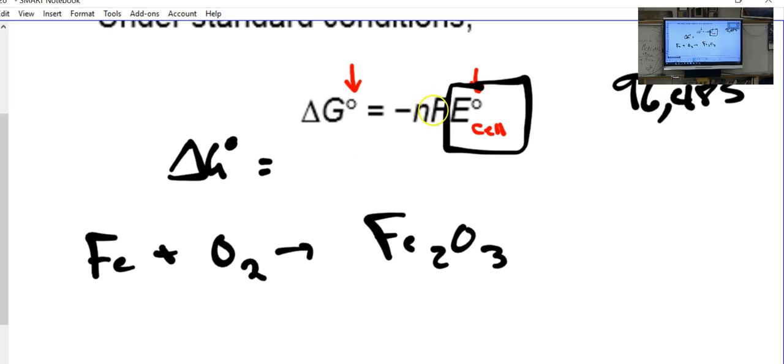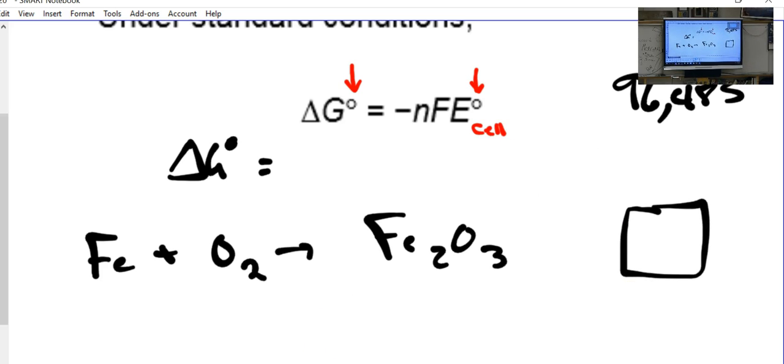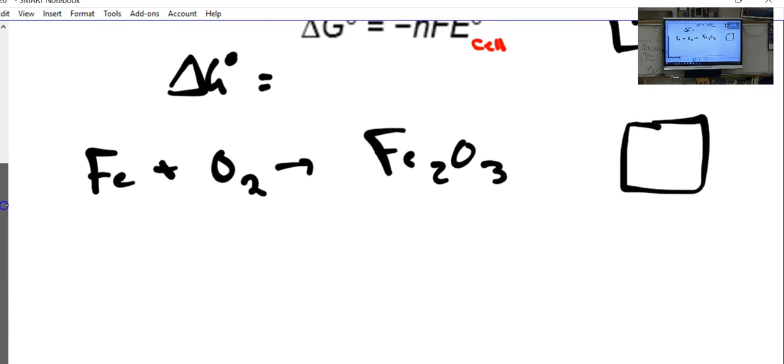Okay, so let's do this one bite at a time. So we got to find N, right? F is right here, so that one's not hard. You all right with that so far? And we got to find E. So N, first off, we got to find the number of electrons transferred, essentially.